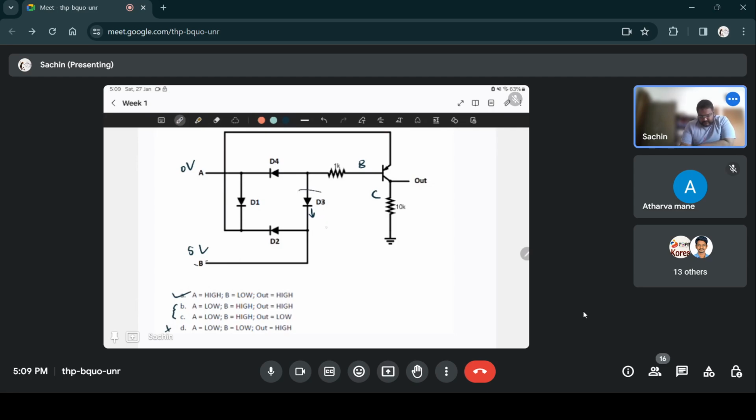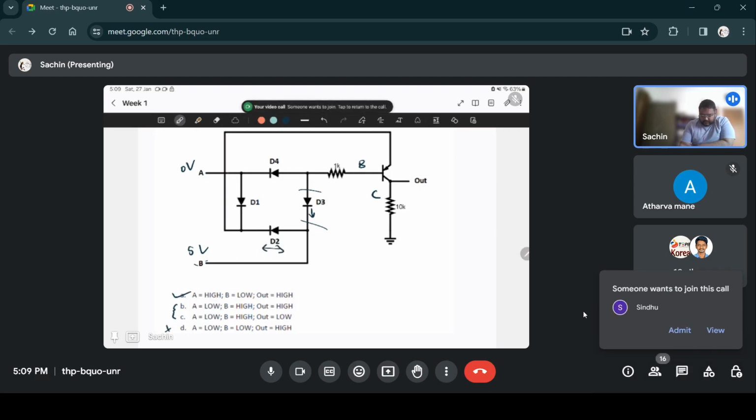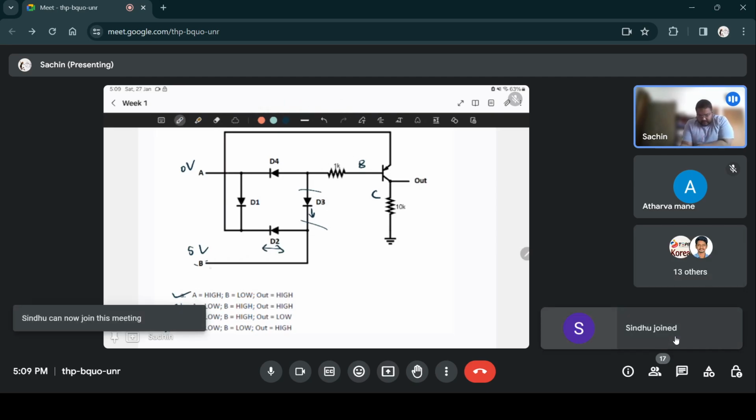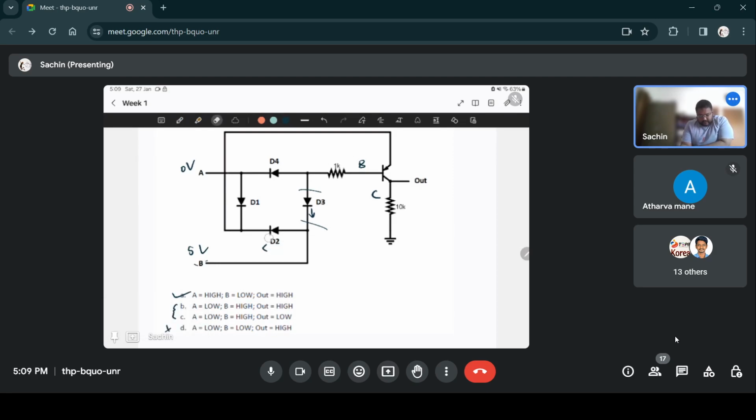So this is kind of open. And then D2, for D2 you can see that the P junction is connected to B. So this is at 5 volts. So D2 is forward biased. So this becomes like just a simple wire.